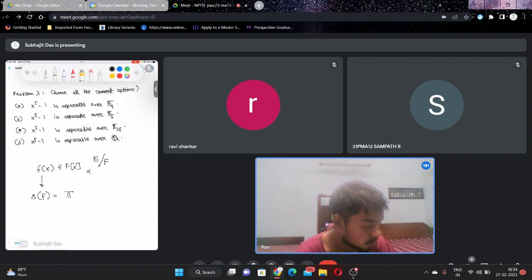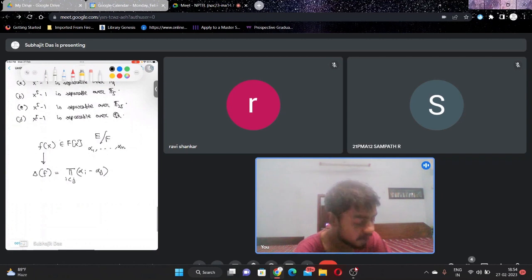Suppose the roots of this polynomial are alpha 1 up to alpha n in the splitting field. Then you take the product over i less than j of alpha i minus alpha j, and you define the discriminant of this polynomial, delta f, to be equal to delta squared, the square of this product.